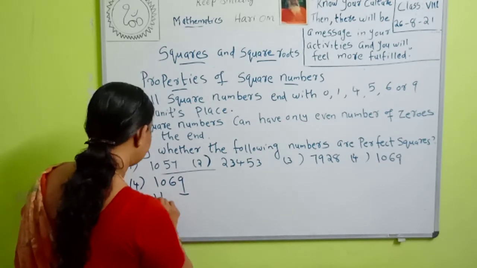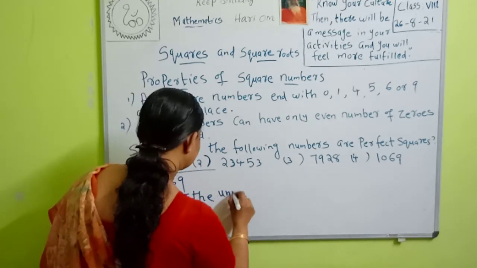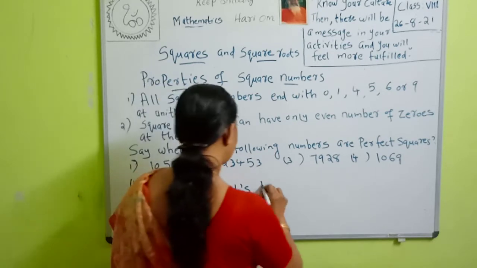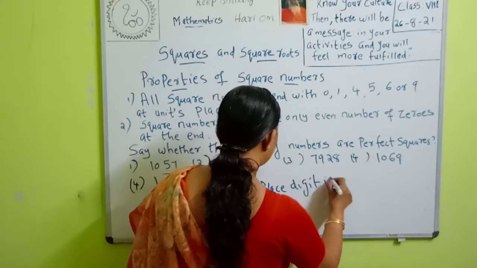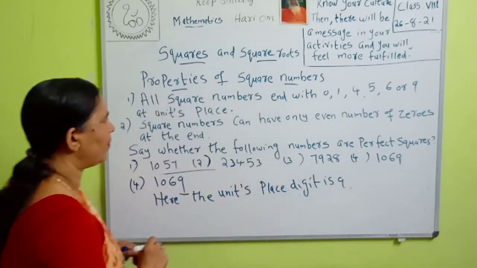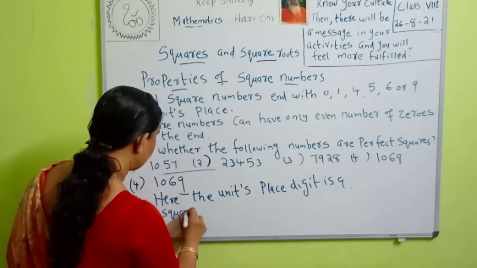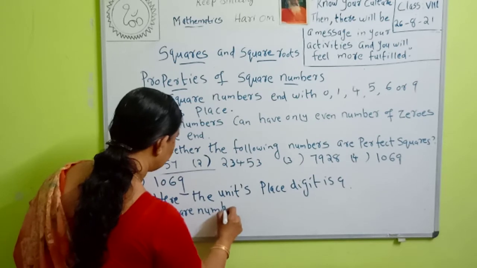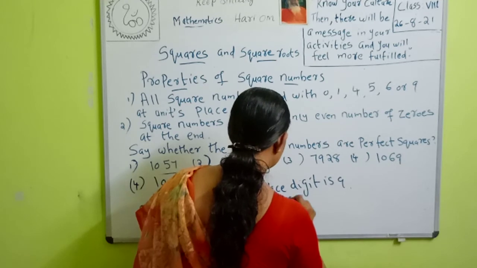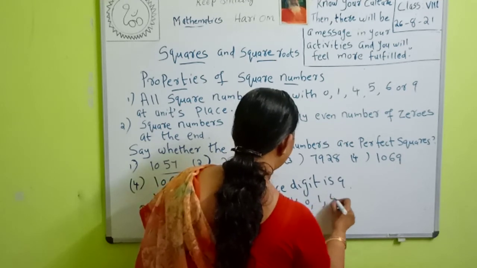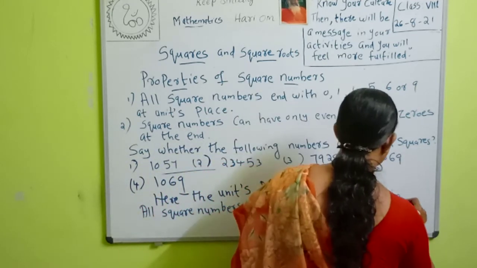Then we write here the units place digit is 9. Therefore all square numbers end with 0, 1, 4, 5, 6 or 9 in units place.